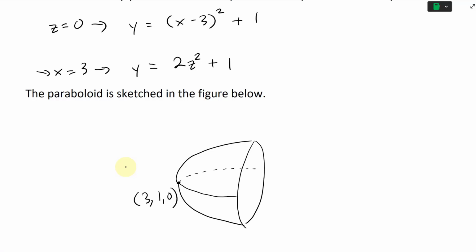There are horizontal parabolas on the z equals 0 plane, and vertical parabolas on the x equals 3 plane. This is going to be up to 1, and this is the x. This is 3. This is 1. This is the y, and this is the z, like that.